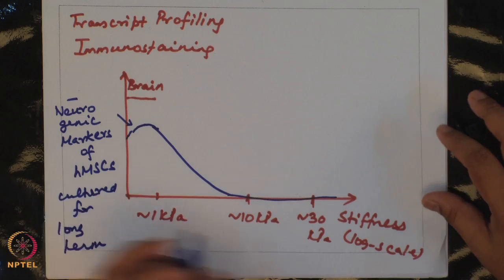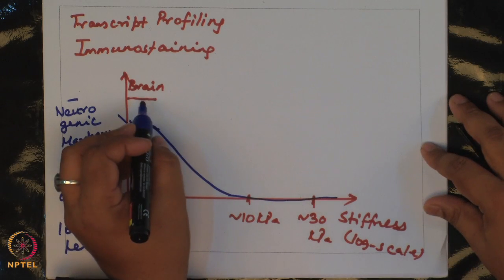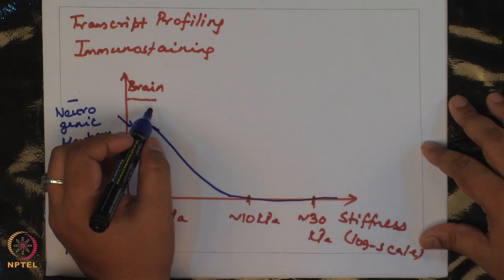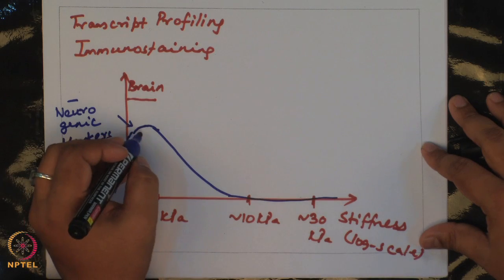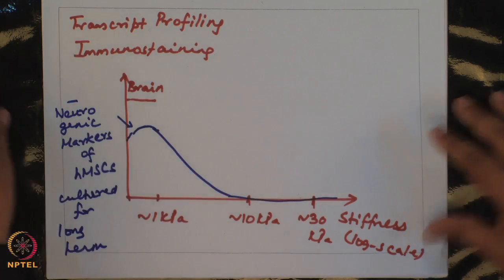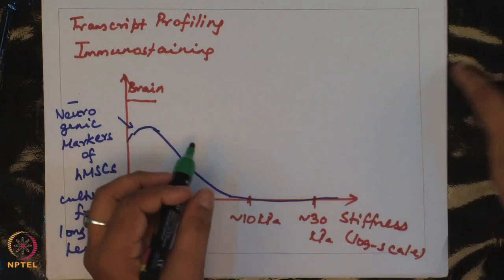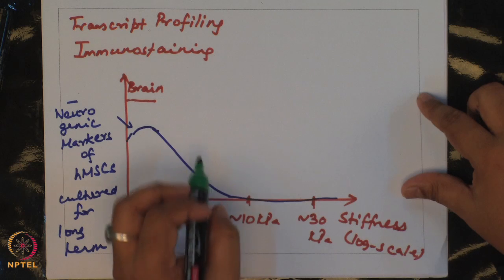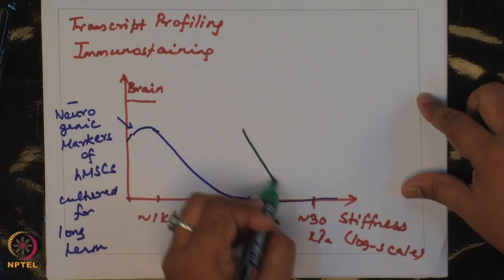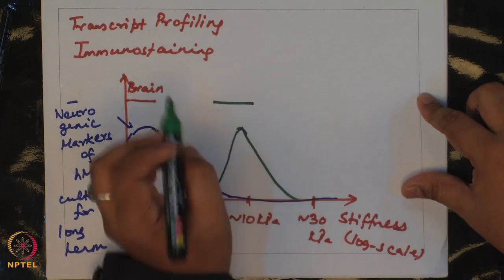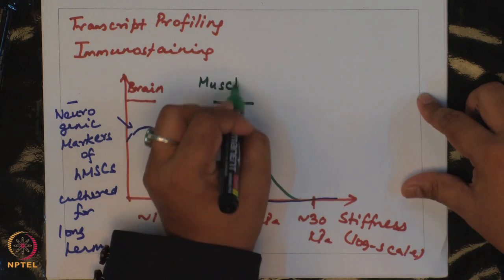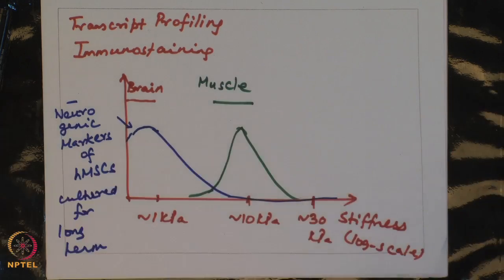What you find was that on substrates which mimic the brain tissue, the HMSCs tend to overexpress neurogenic markers. On substrates which mimic the muscle tissue stiffness, you have a corresponding peak. So, this is your muscle, and the third one is your bone.